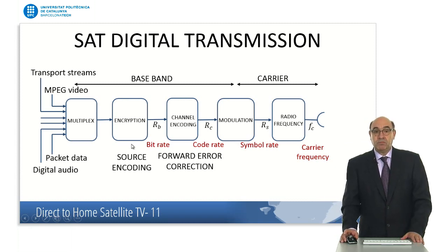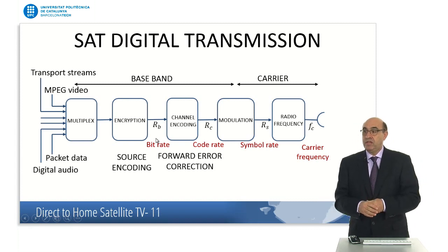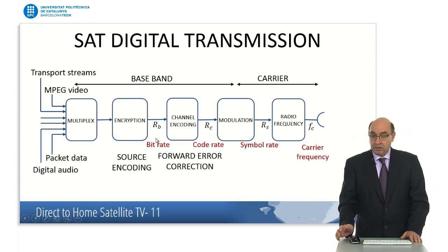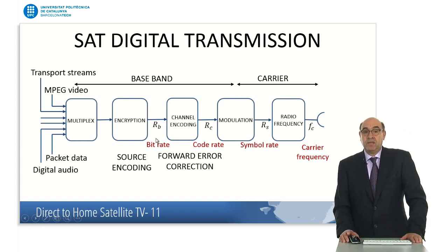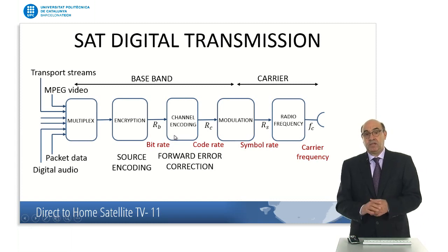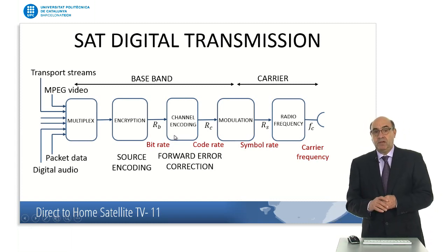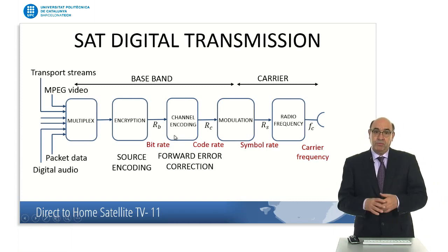Now with this process, after encryption, we have a bit rate depending on the capacity of the channel and also on the data we are sending. This is RB, the letter we are going to use in the presentation. And now we prepare for the following part of the coding process, which is channel encoding, and that's to give the data strong protection to detect and correct the errors that will be in some way appearing during the transmission.